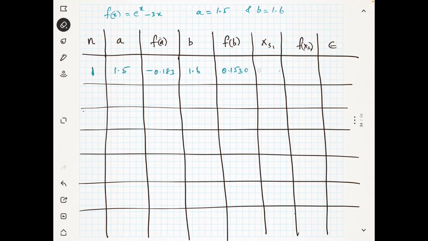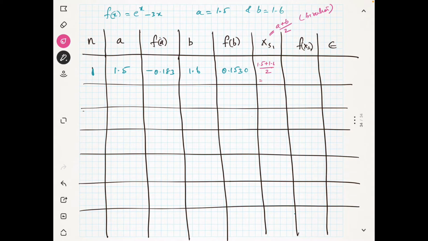Now I will find my new point xs1 as a plus b by 2. That means in bisection method we will use like this. Since we are using the bisection method, we will find our xs1 by using a plus b by 2. So a plus b by 2 is 1.5 plus 1.6 by 2.